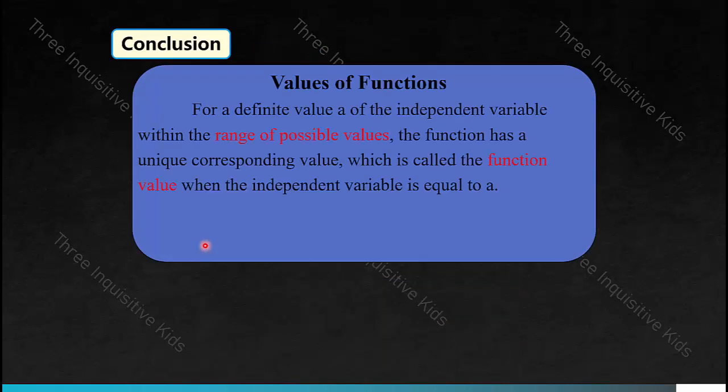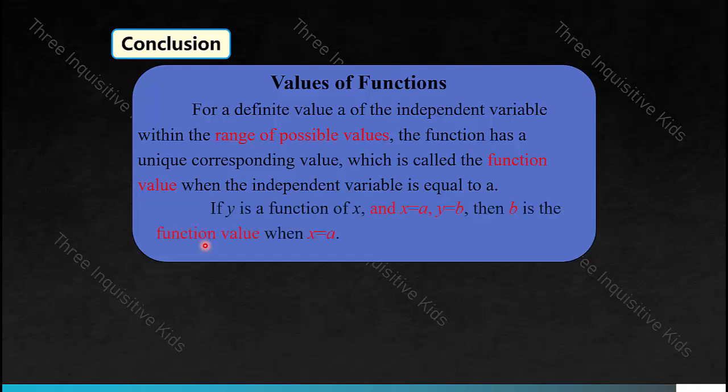Basically, you can think of the value of a function like this: for a definite value of the independent variable within the range of possible values, the function has a unique corresponding value, which is called the function value, when the independent variable is equal to a, representing a number.